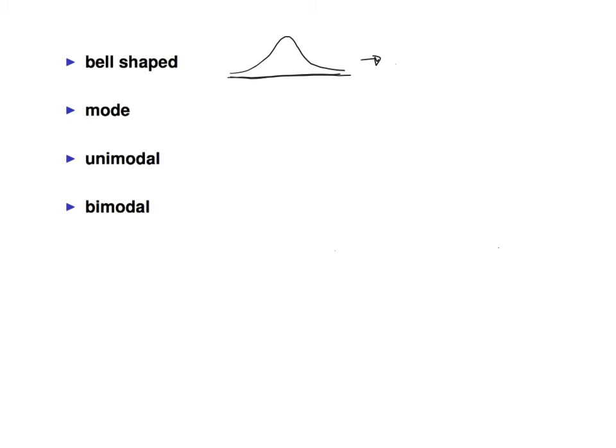And the kicker is it has this even reflecting symmetry. And this comes up with lots of things. Like if I looked at all the heights of the girls in this class, the data probably would come up to be quite bell-shaped, assuming the class was large enough. The mode is the most frequent value.